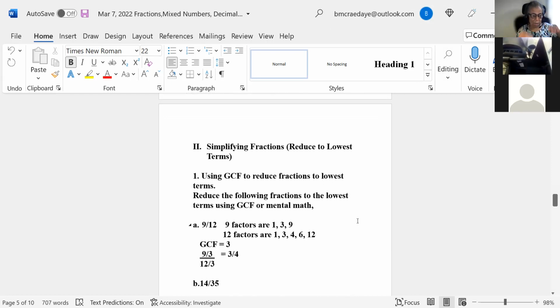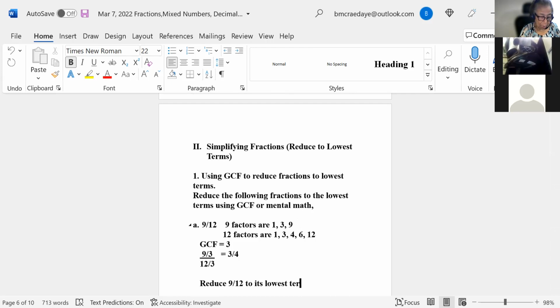Like Maureen, if you had to reduce 9/12 to its lowest term, how would you do it?